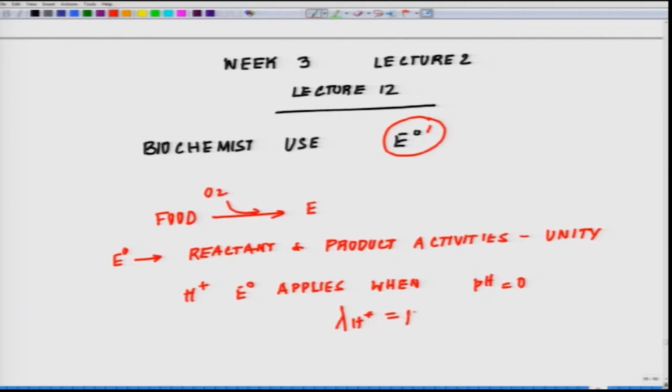So, whenever H plus appears in a redox reaction, or whenever reactants or products are acids or bases, reduction potentials are pH dependent. This is one catch which I wanted to bring to your notice. In the last example, the standard reduction potential calculations are based on the fact that pH is 0 and all the activities are unity, which is perfectly fine as long as we are dealing with such a system.